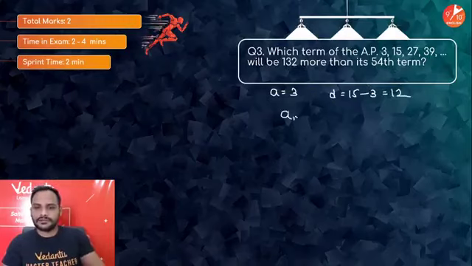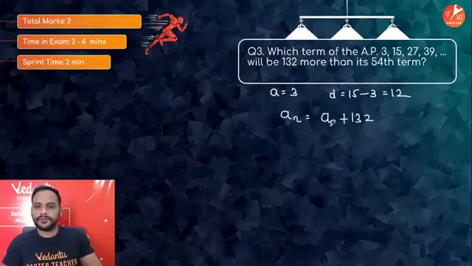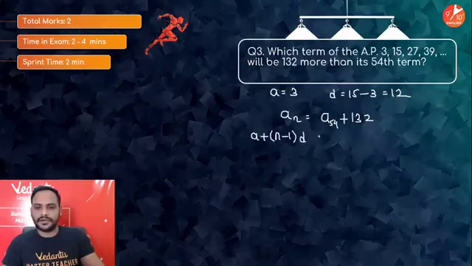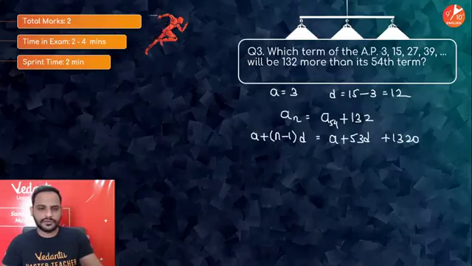Let's say the nth term is 132 more than the 54th term. Simple. So I can say a plus n minus 1 into d is equal to a plus 53d plus 132.